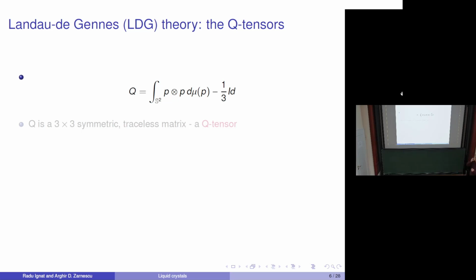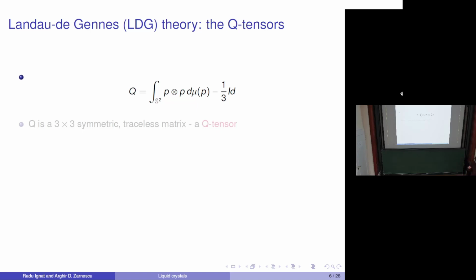Now, if you had no preferred orientation, this 3 by 3 matrix would be one third of the identity. So, if I normalize this second order moment by subtracting 1/3 of the identity, this gives me a rough measure of how aligned in one direction the rods are.